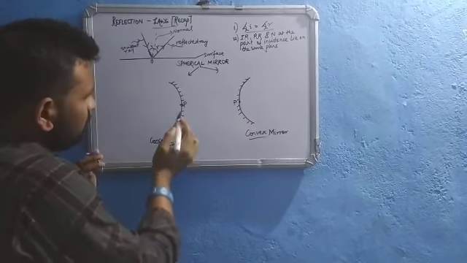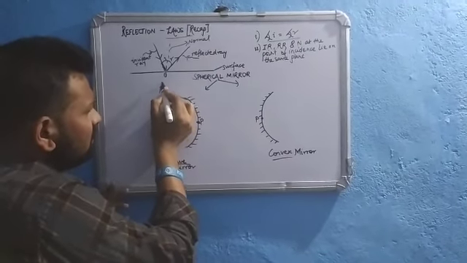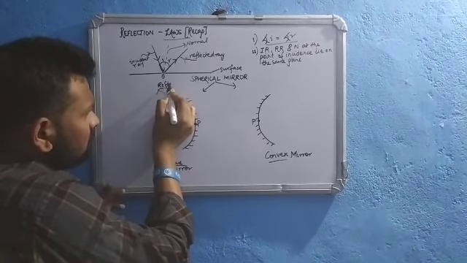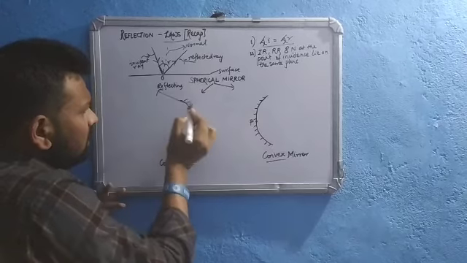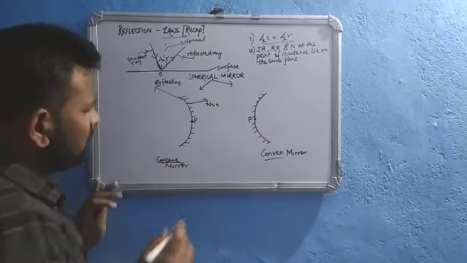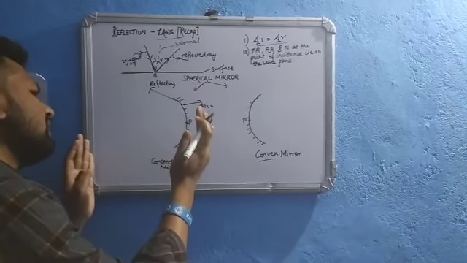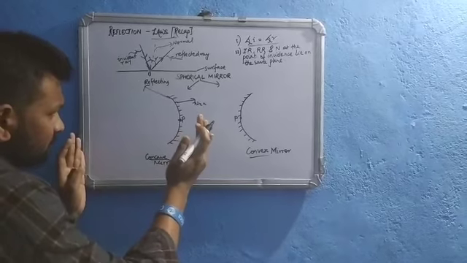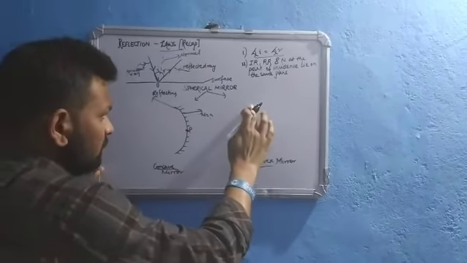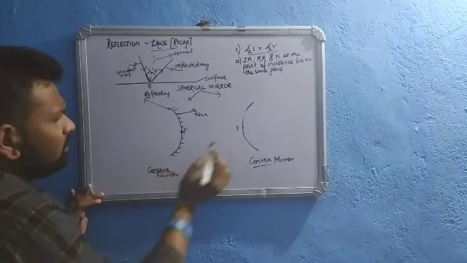Now, in a concave mirror, this is the reflecting surface, and this is the non-reflecting surface. That means the reflecting surface lies towards the inner side. I made a mistake here. So what does this mean?